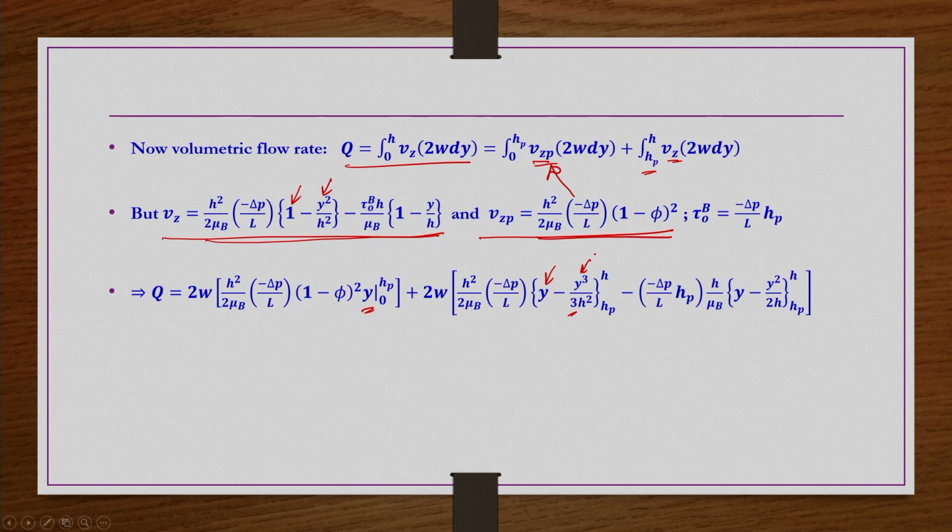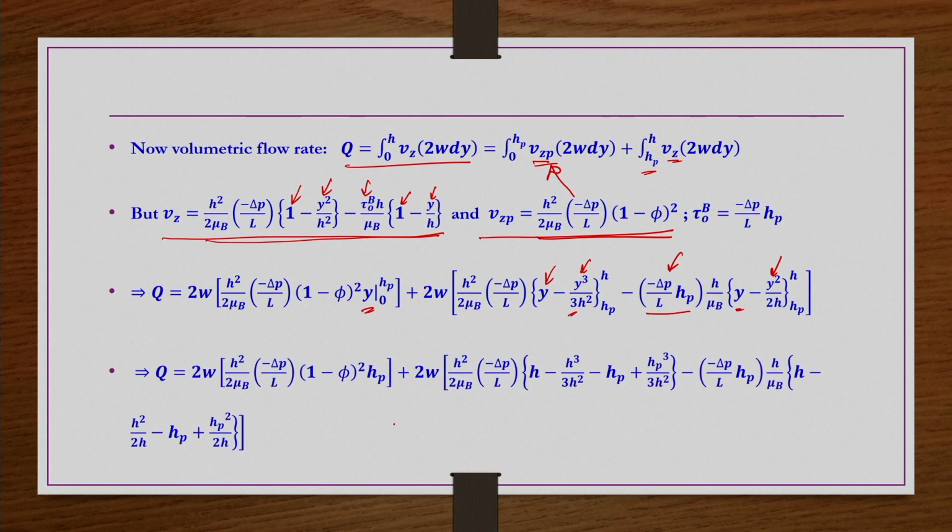Again here, on integration you get y, and on integration of this y term you get y square by 2. And this tau naught b we write as minus delta p by L Hp, as we did previously for obtaining the plug velocity. So, all the terms are now in the form of minus delta p by L.